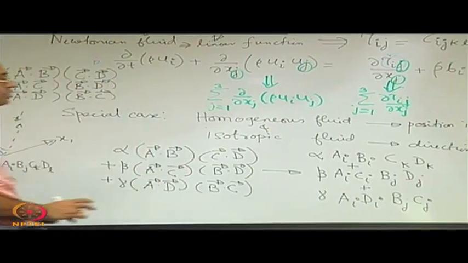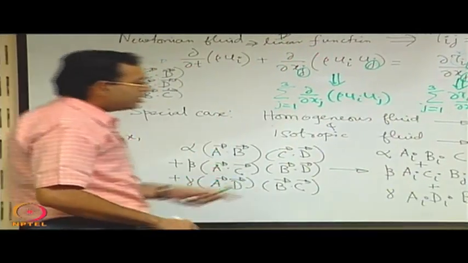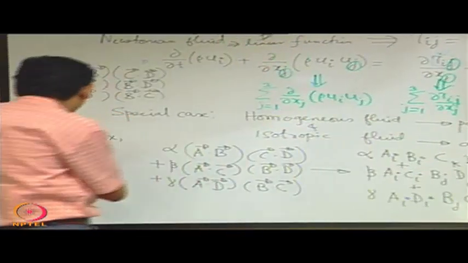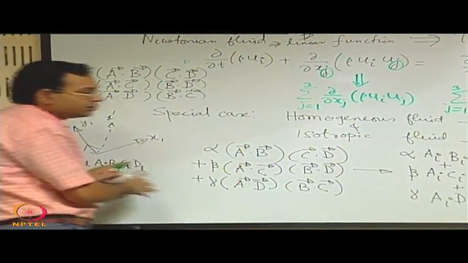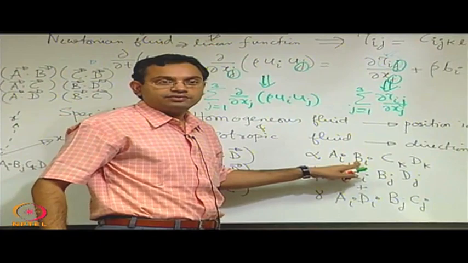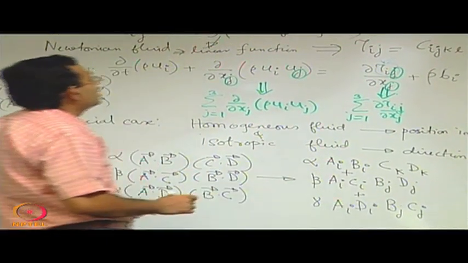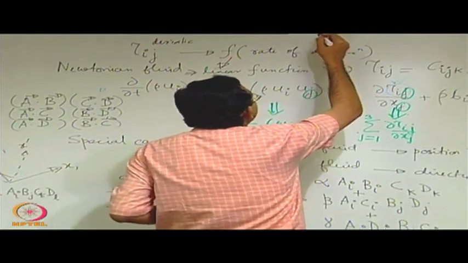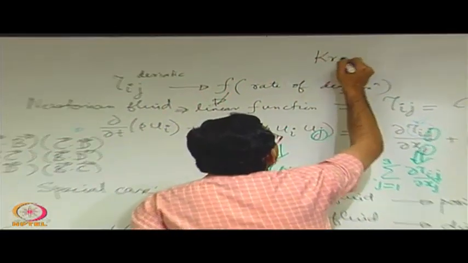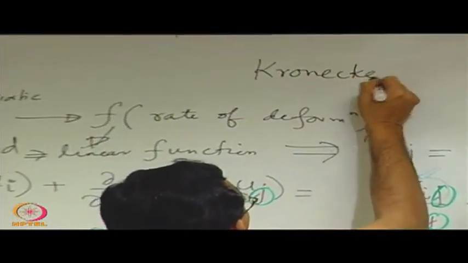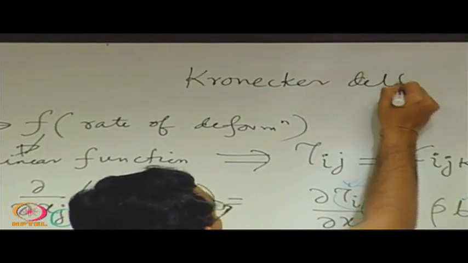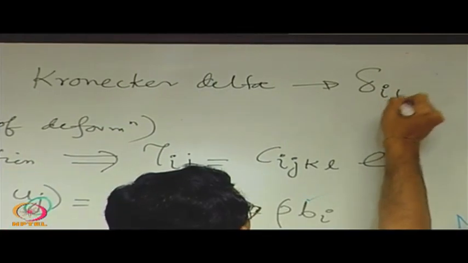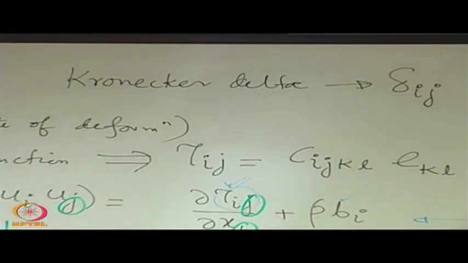So, how do we do that? Let us say you want to convert Bi to Bj, that is our objective, because you have Ai, next you want Bj. So, there is something very useful in terms of index notation which is called the Kronecker delta. This is just a notation.